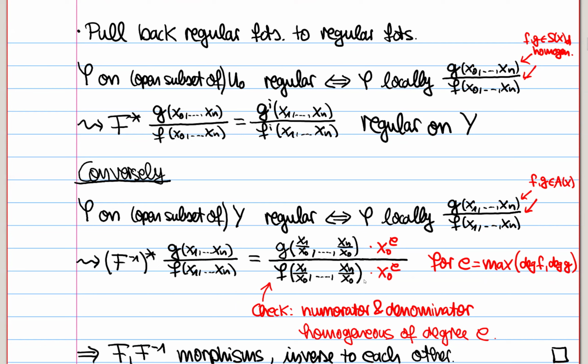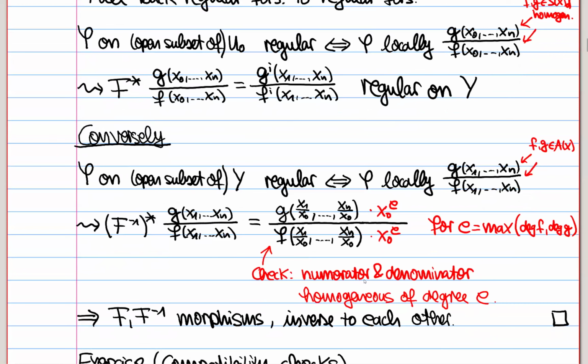So this shows that this is exactly the form of a regular function on this projective variety, and so this is a regular function. Okay. So they pull back regular functions correctly in both directions. So they're both morphisms of ringed spaces, and since they're also inverse to each other as maps of sets, they're inverse morphisms. And so this proves the isomorphism that we wanted, and this finishes the claim, and this finishes the proof.